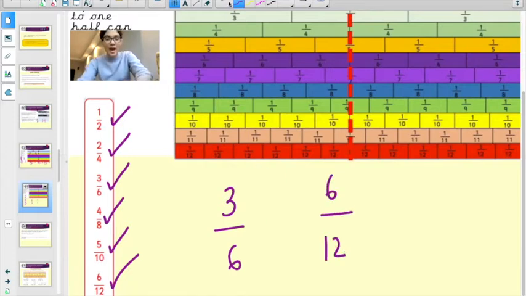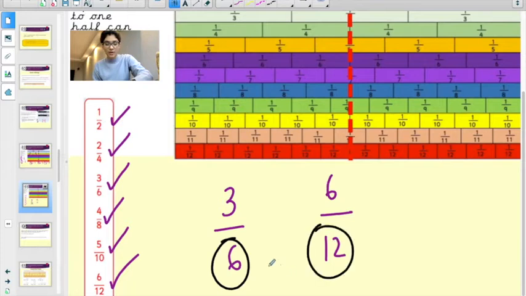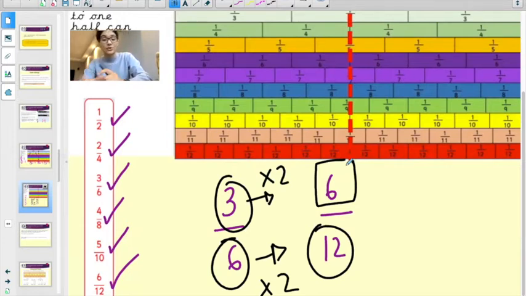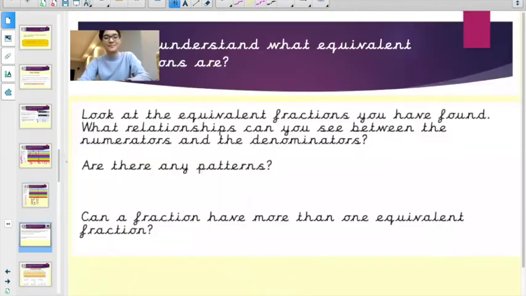How do we get from 6 to 12? What number do I multiply by 6 to get to 12? 2. So let's see if the same works here. What's 3 times 2? It should be 6. So that just tells you, whatever you do to the top and whatever you do to the bottom, you have to make sure you do it to the other part of the fraction as well.